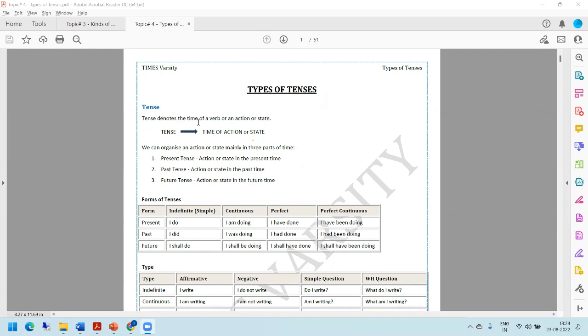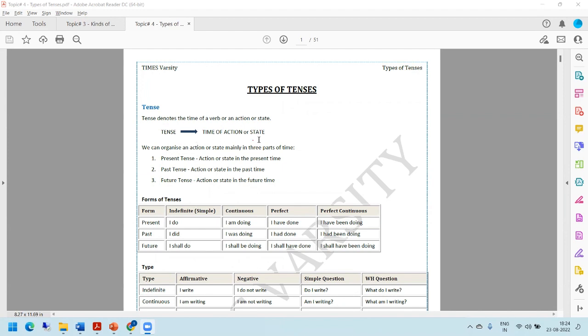Tense denotes the time of a verb or an action or state. Tense is the time of action or state, meaning when that particular action was taken, or when that was said.